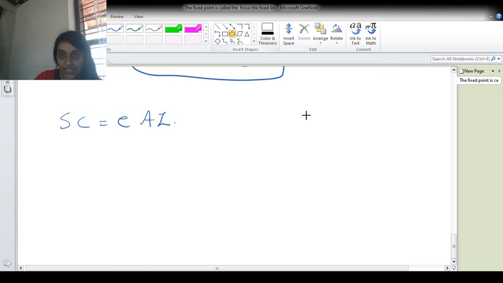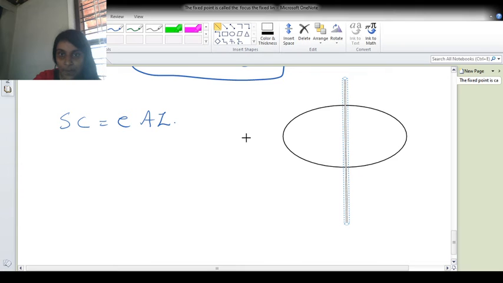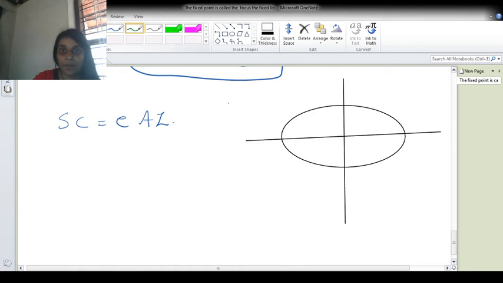I will draw here. We have an ellipse, minor axis, major axis, and directrix. Here also a directrix.